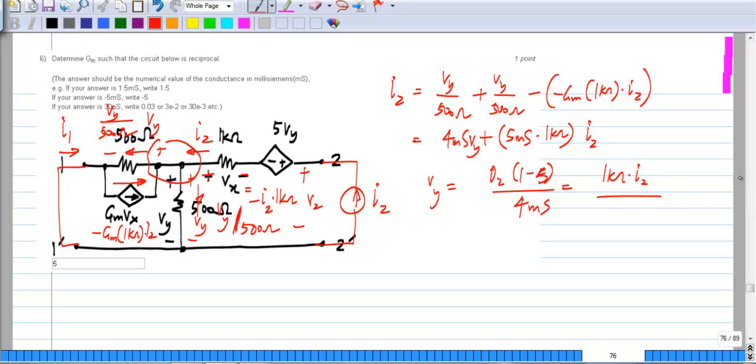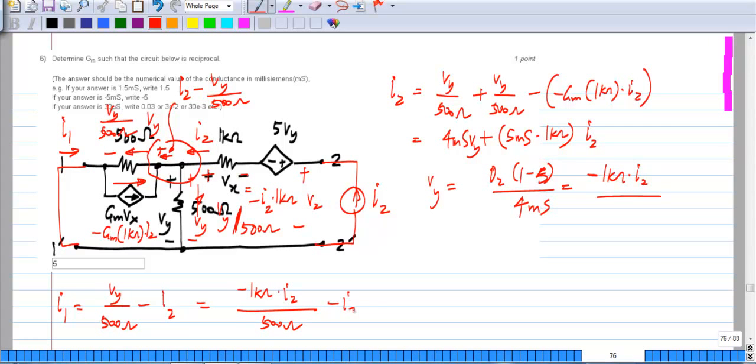So now you look at what I1 is. You can see that I1 is nothing but whatever current is flowing here, or the negative of that, and that current is I2 minus Vy by 500 ohms. So I1 is Vy by 500 ohms minus I2, or minus 1 kilo ohm times I2 divided by 500 ohms minus I2, or minus 3 times I2.